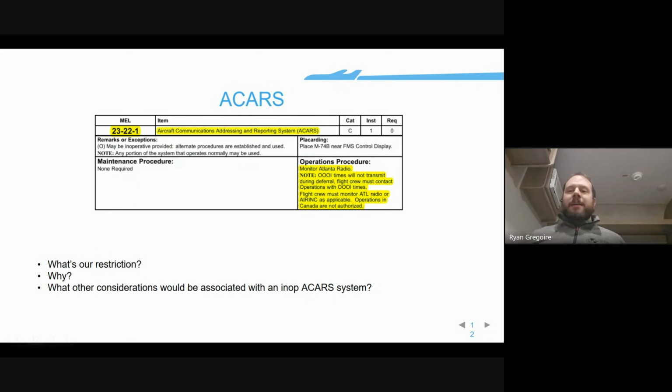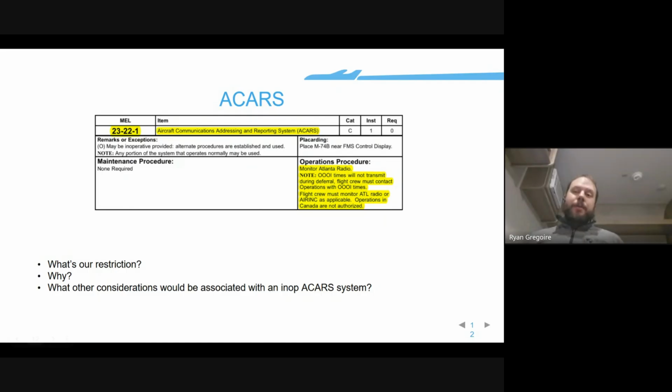So if the system was inoperative, so that we couldn't just text them when we needed to get a hold of them, the crew knows that they need to be monitoring their ARINC radio channels, so that if we as dispatchers need to communicate with them, we're going to call them. As a dispatcher, you would call ARINC and say, hey, I need a radio patch established to this aircraft operating this flight, and this is its current location. And then ARINC would try to establish a radio patch to them.